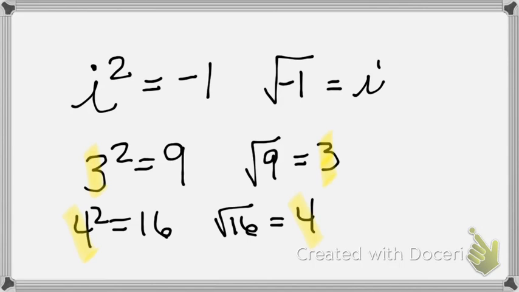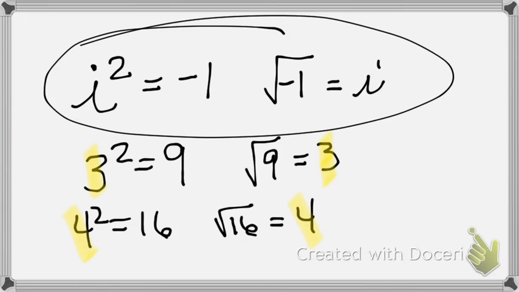You little genius. These are the two things you need to remember for these complex numbers, which are difficult, and that's where we're headed. i squared is negative 1, so the square root of negative 1 is i.